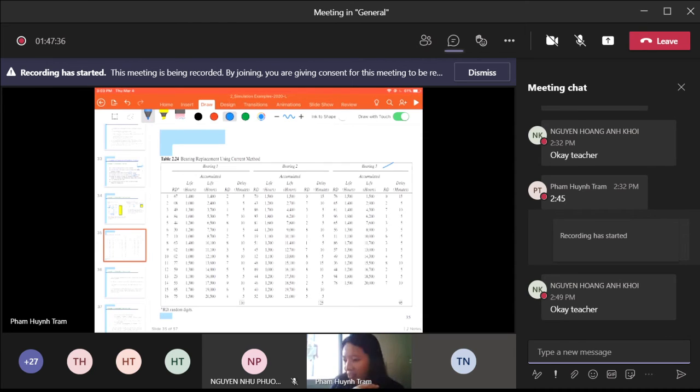So we need the information related to the total number of bearings we have to replace and the total delay time for the first case and the second case. And we need to do the simulation for a certain period. You can decide to stop the simulation after a number of replacements, or you can stop the simulation after some time.